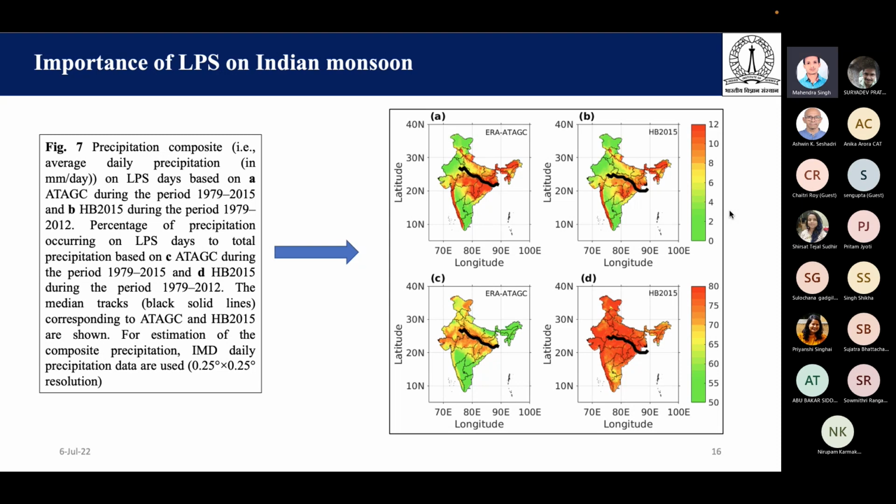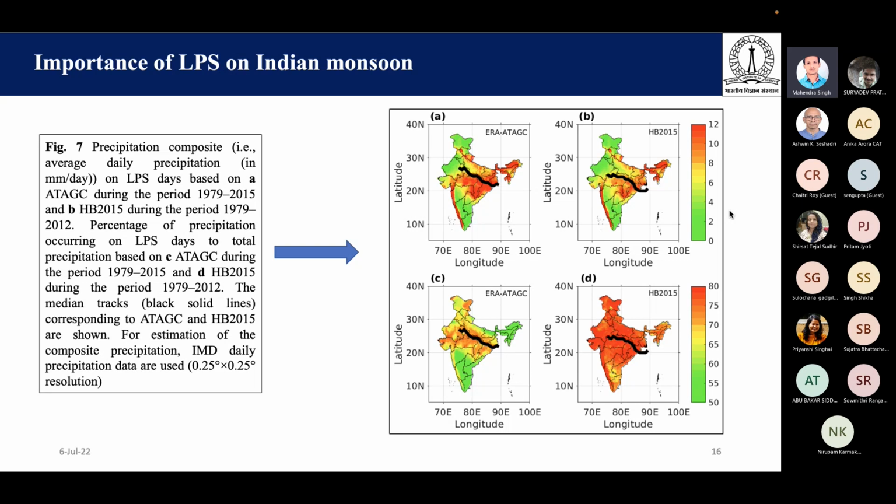And here is the percentage rainfall for both ATUGC and HV15, showing how much rainfall occurs during the LPS among the whole rainfall days. Here we can clearly see that most of the percentage lies in the central part of India, as LPS gave as much rainfall in that region.